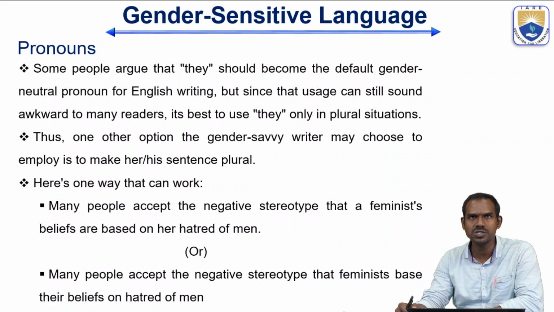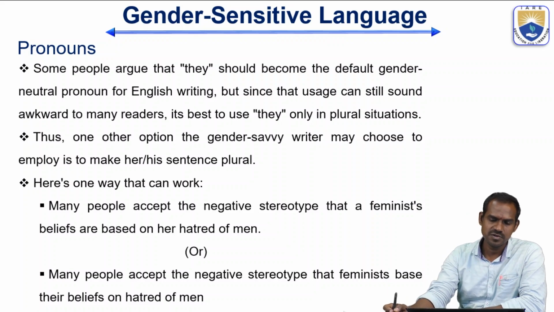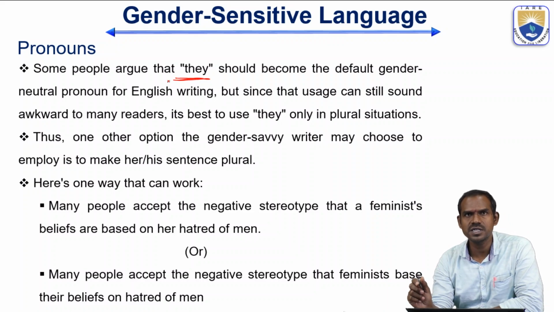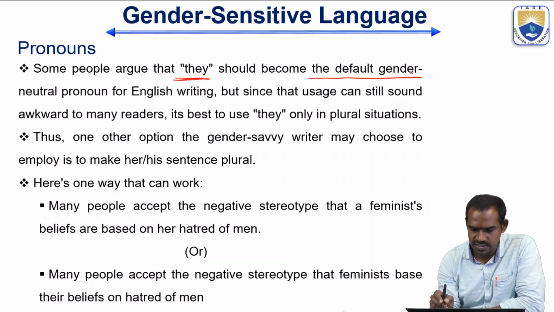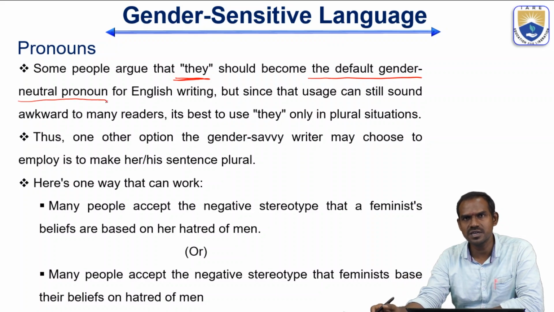Now, in continuation, some people argue that they should become the default gender neutral pronoun for English writing. They are saying it is the default gender neutral pronoun, whether the noun is singular or plural, but it is unacceptable now.